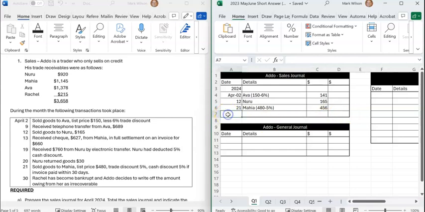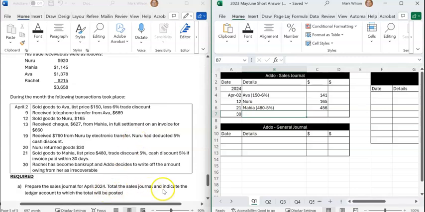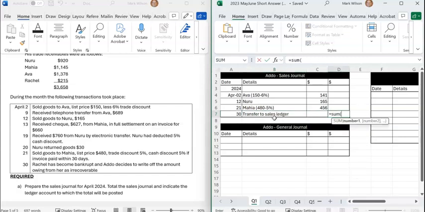And on the 30th, at the end of the month, we're asked to, according to this down the bottom, total the sales journal and indicate the ledger account it's going to be posted to. Okay, so that's what we're going to do. Well, we'll put a total in, but we're going to transfer it to the sales ledger. Alright, so nice easy 3 marks.